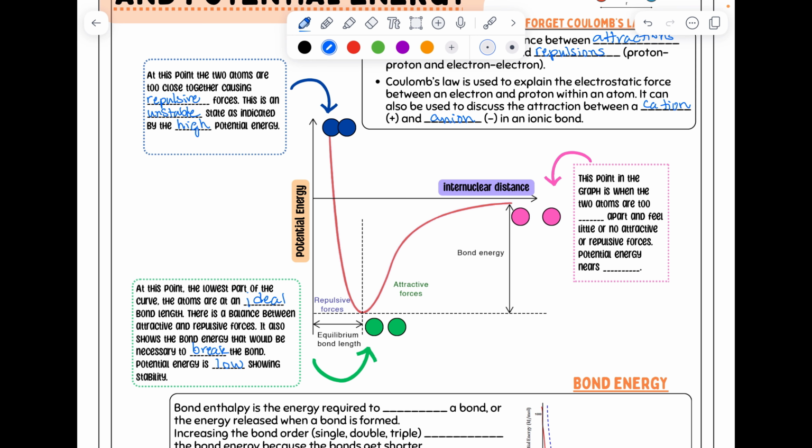So why does a low potential energy show stability? Remember, and we'll learn, it takes energy to break bonds and frees energy when they form. When bonds form, it frees energy, meaning there's less potential energy once that bond forms. And that's ideal.